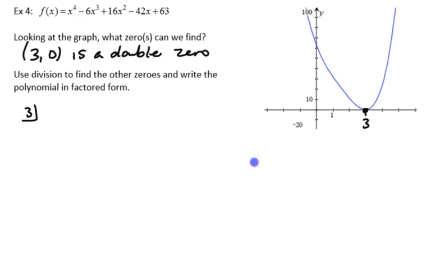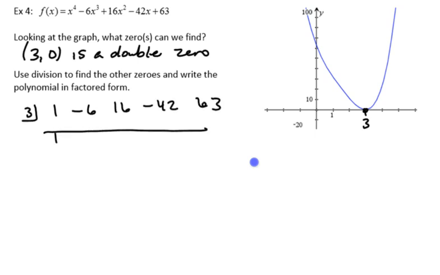So I'm going to put 3 in here: 1, negative 6, 16, negative 42, and 63. Bring down the 1. 3, this would be negative 3, negative 9, 7, 21, negative 21, negative 63, 0. But I'm not done. Divide by 3 again, because I've just got it down to an x cubed minus 3x squared plus 7x minus 21.